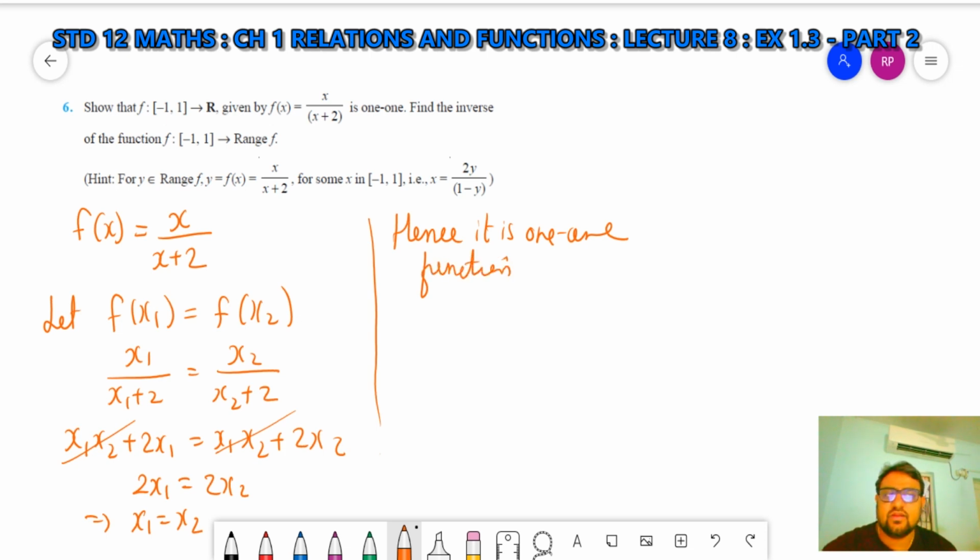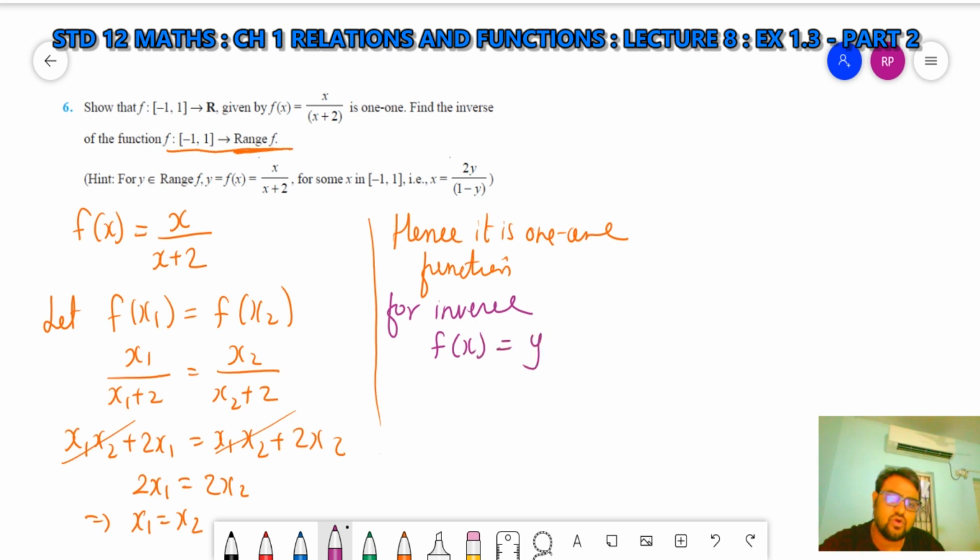Clear? Now you have to find the inverse of the function f from [-1, 1] to the range of f. Here it's clearly given the range of f, that means definitely it will be an onto function. So for the inverse, let f(x) = y. That means x/(x+2) = y.